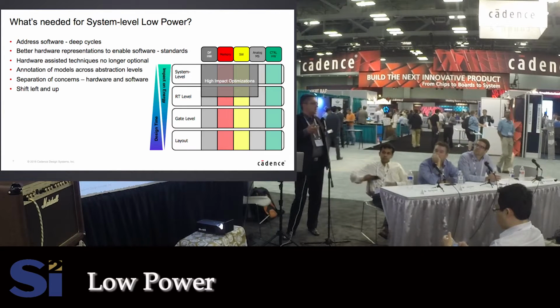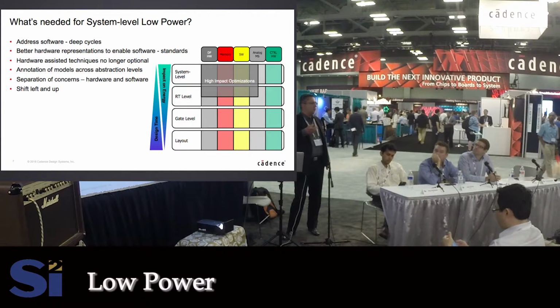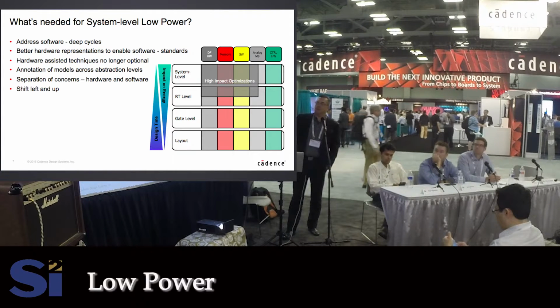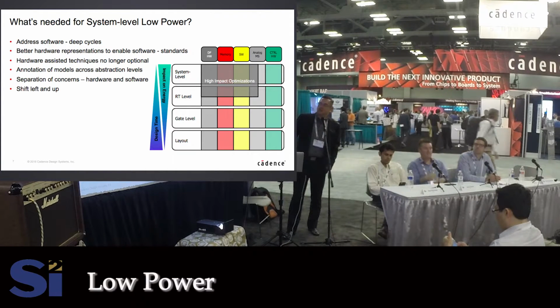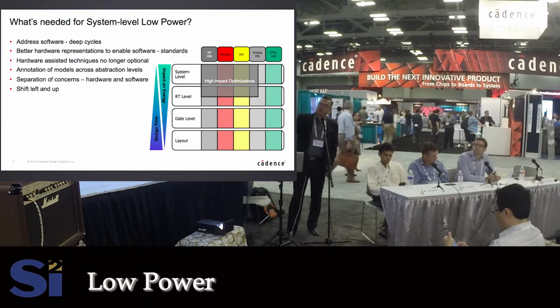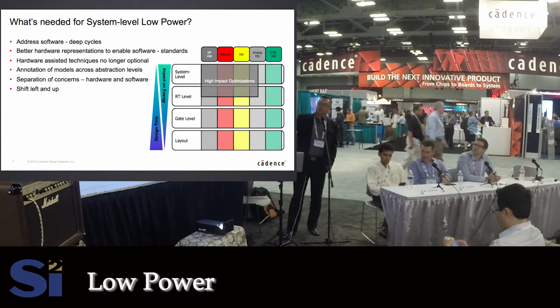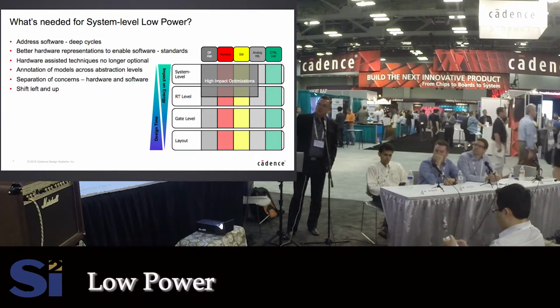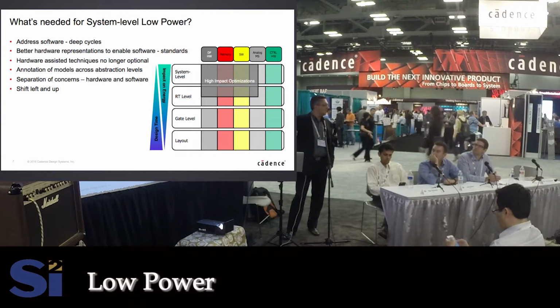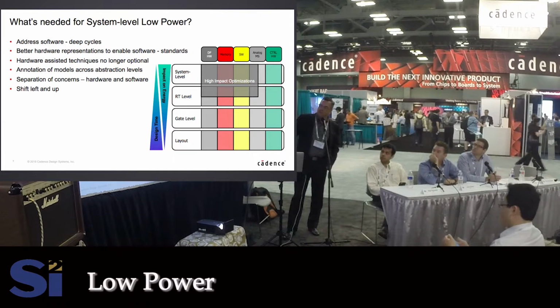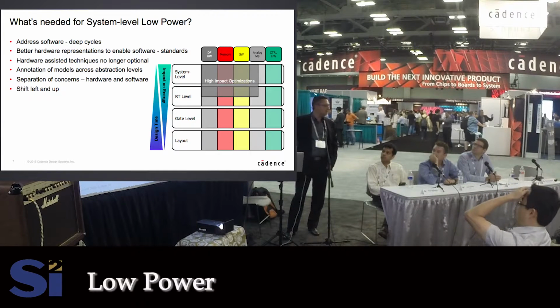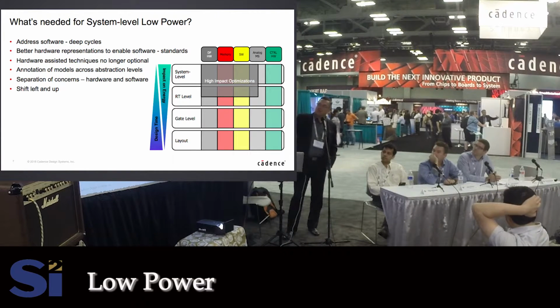You can really not afford to just do simulation, or even later at the implementation level, your analyses. You need to get this to higher levels of abstraction and longer cycles. The annotation across abstraction levels, you mentioned that, and I basically referred back to our grading at the different levels. That's becoming more and more important.